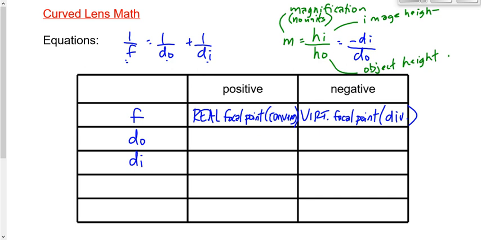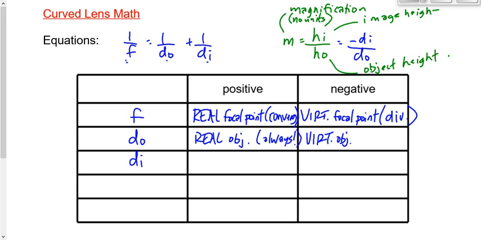Do is positive if we have a real object. And it's negative if you have a virtual object. Now, here's the good news for us in Physics 30. It will always be a real object.